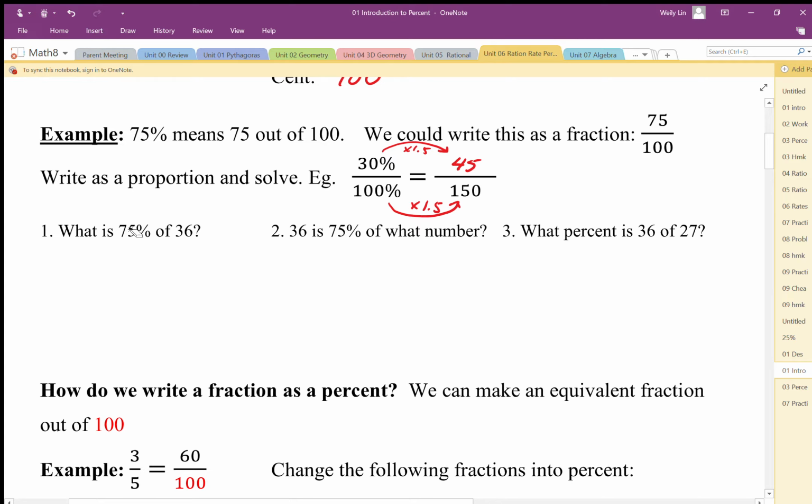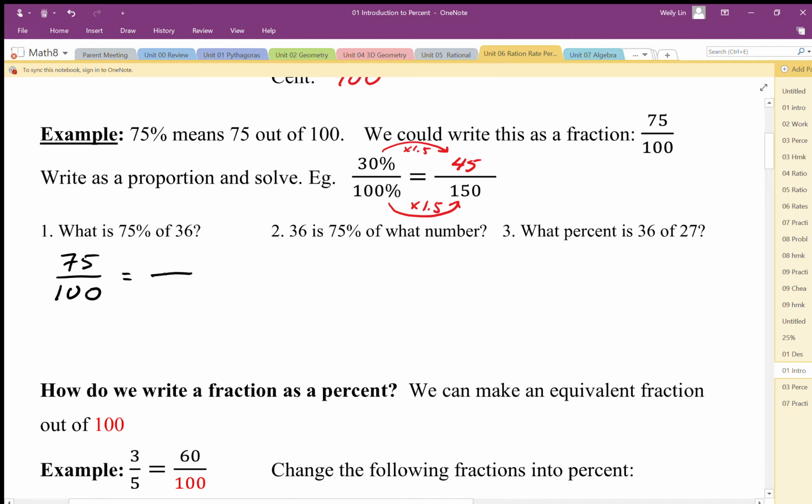It says, what is 75% of 36? So first thing I'm going to do is set up my percentage, 75 out of 100. So for 75% of 36, we just have to establish, is 36 the part or the whole?